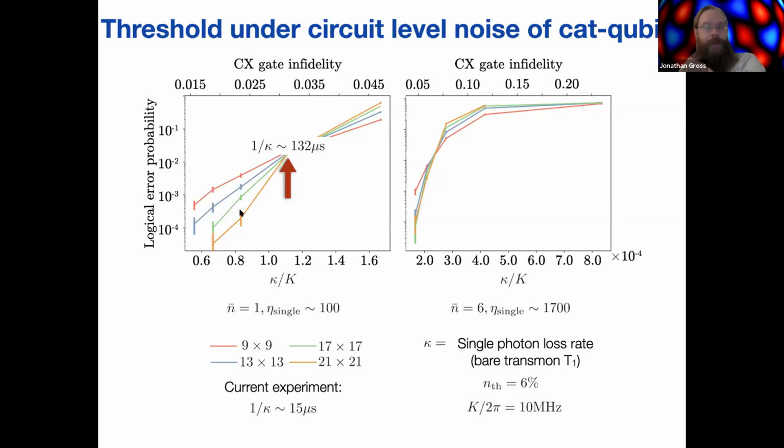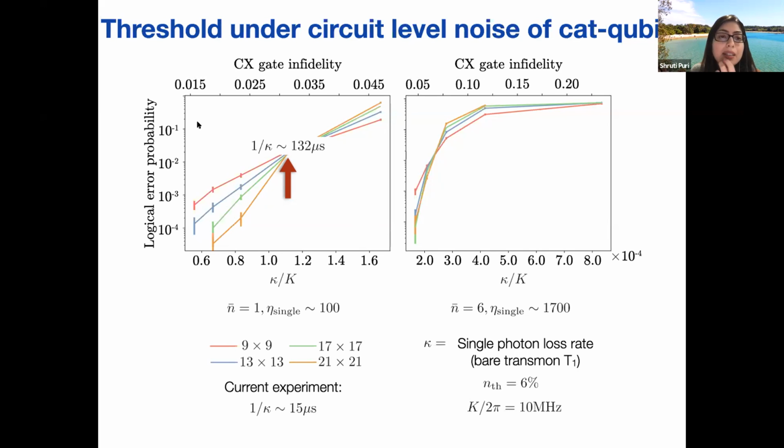Yeah, he asks if you went 10 times below threshold, how big of a surface code do you need? Well, it has to be for a particular target logical error rate. So if you're asking me, say I'm going to factorize a 2000-bit number, how big of a lattice I need, I cannot tell that to you from these simulations.